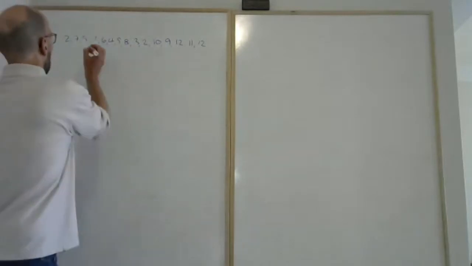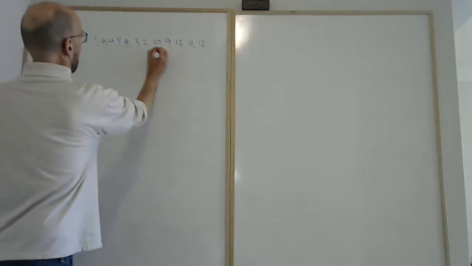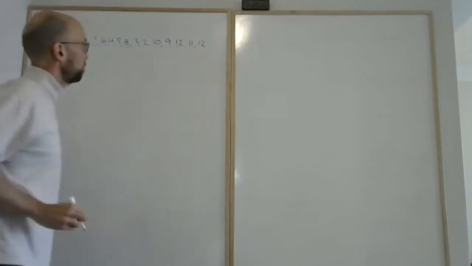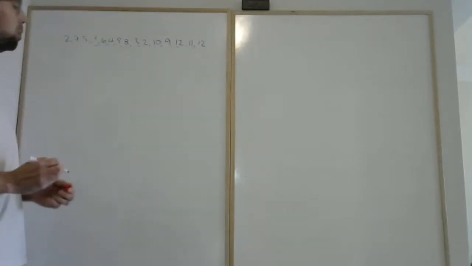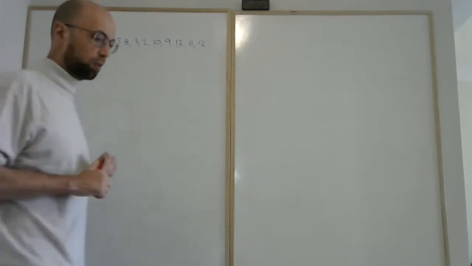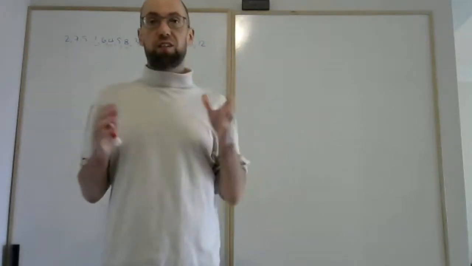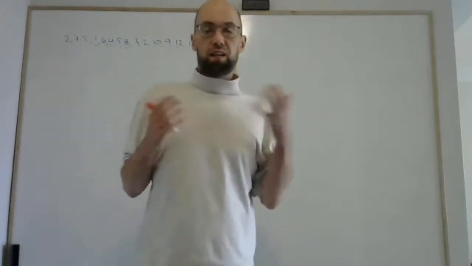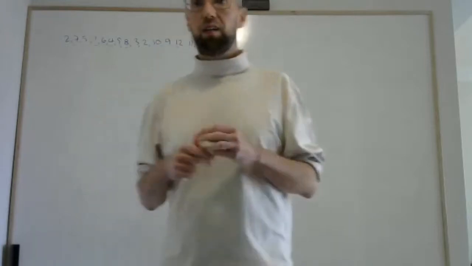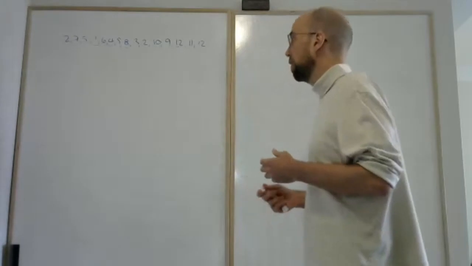Okay, so for example, 1, 4, 8, 10, 12 is an increasing subsequence. The elements of a subsequence don't have to be consecutive, otherwise it would be a substring. So a substring is a subsequence, but not all subsequences are substrings.